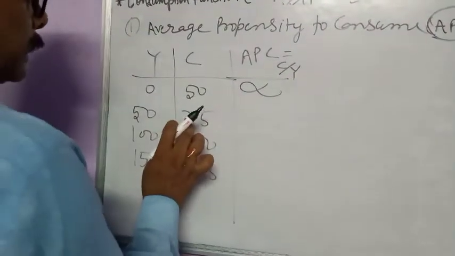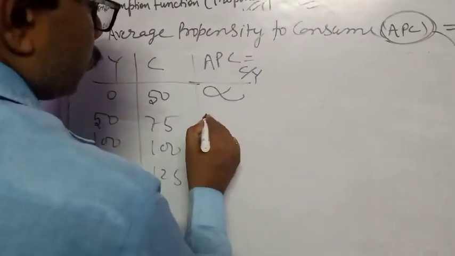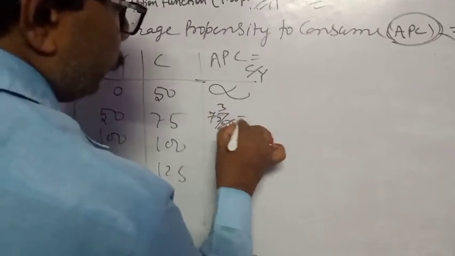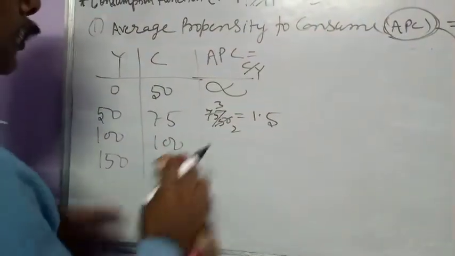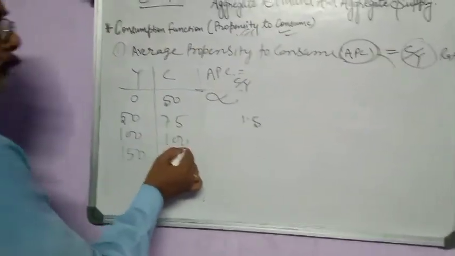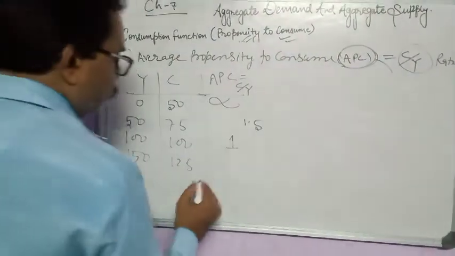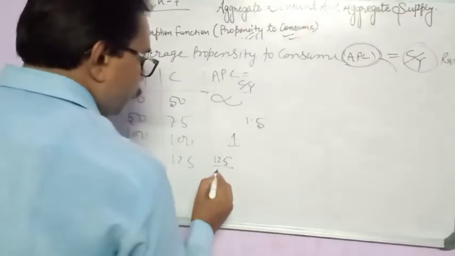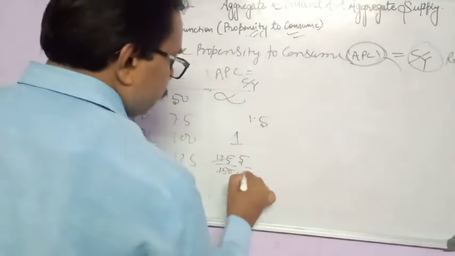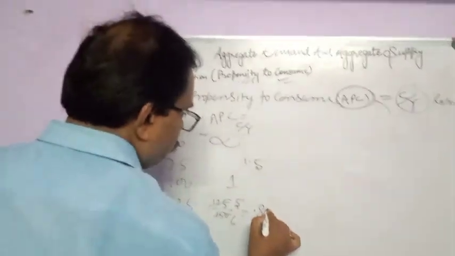Next, 75 divided by 50 means 1.5. Clear? So the value of APC will be 1.5. Here 100 divided by 100 is equal to 1. Here 125 divided by 150 is equal to 5 by 6, that is 0.83.